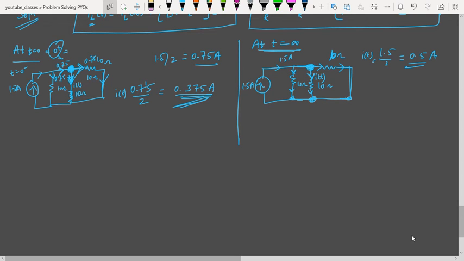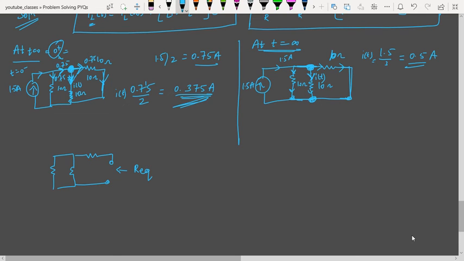We should have the inductor removed, seen as an open path. If there is a voltage source, short it; if there is a current source, open it. So we open the current source, keep all the resistances, and also open the inductor, because the equivalent resistance is found across the inductor.